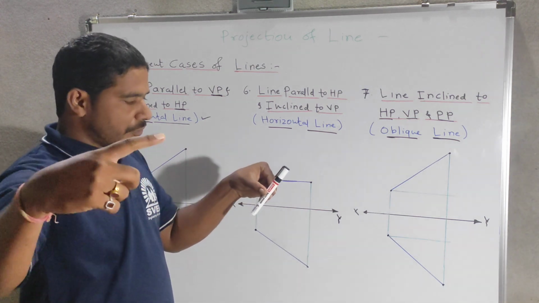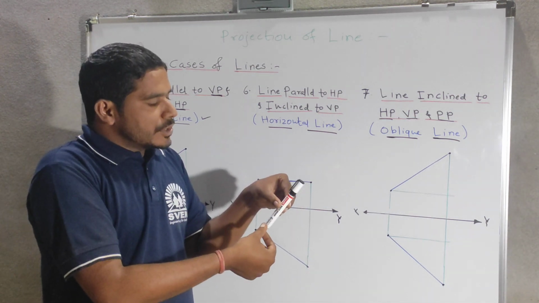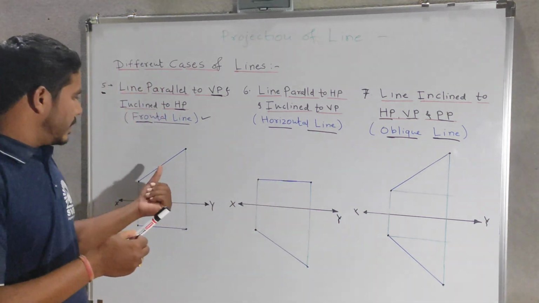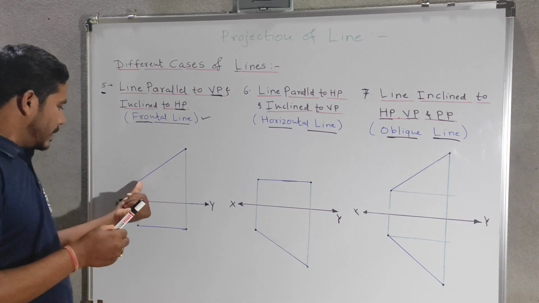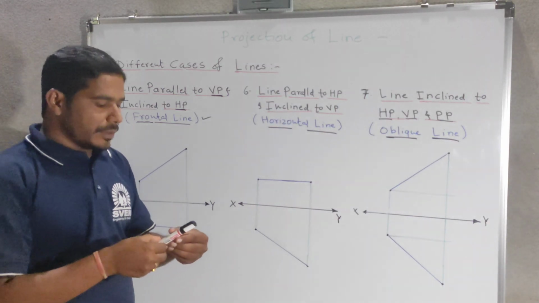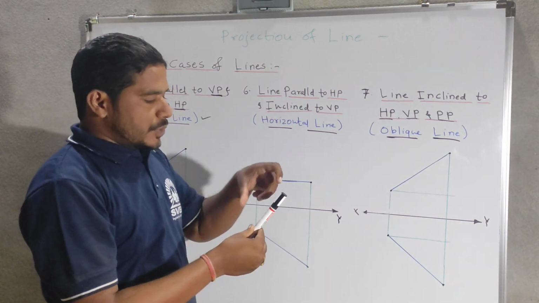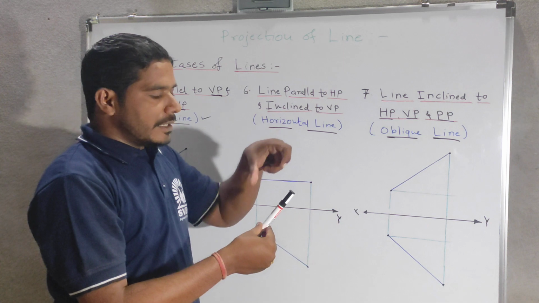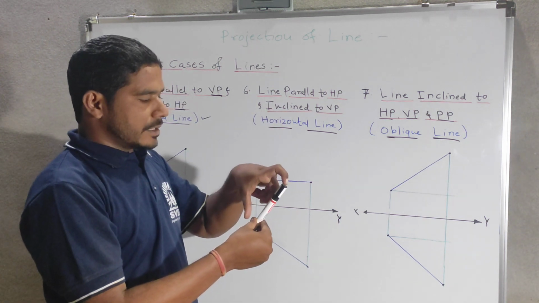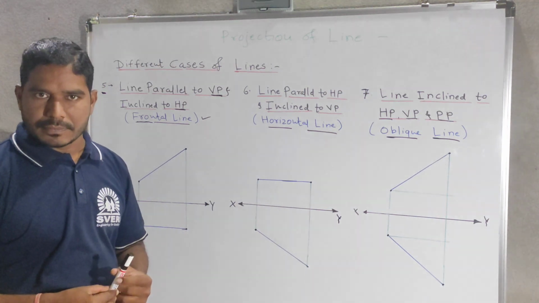If you see from the front side, the front view will be an inclined line, inclined to the XY, and the top view, observed from the top side, will give an apparent length of this line, and that apparent length will be parallel to the XY.